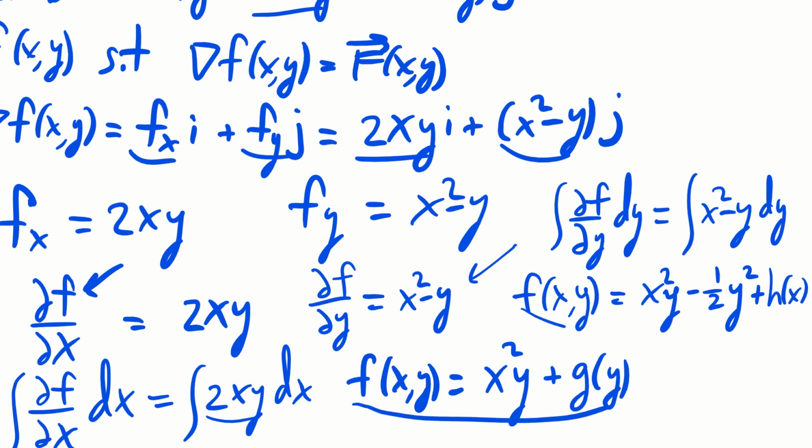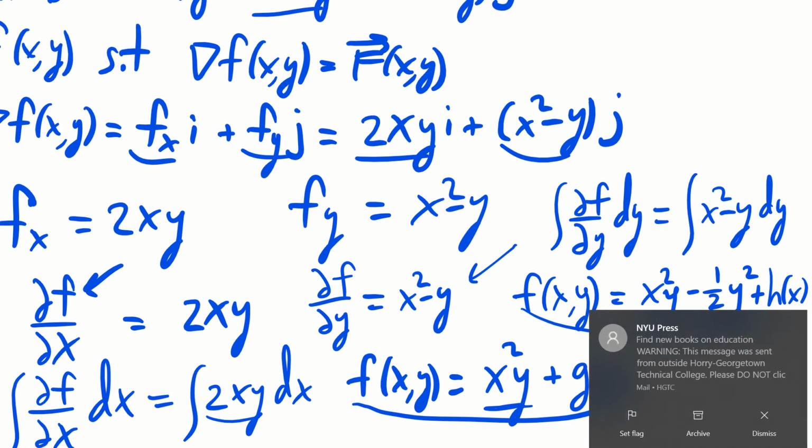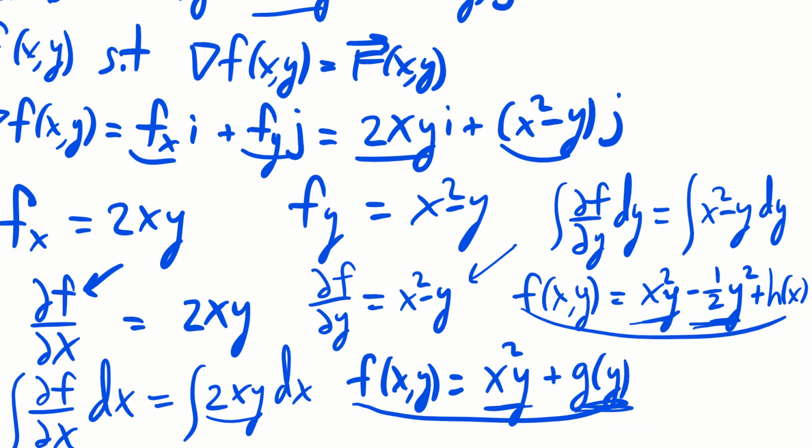So we have two expressions for f, and we would like for them to be equivalent. If we compare the two, they both have the x squared y term. Here we have a function of y, and we have a function of y in this expression. So if we just set those two equal, what we get is the following.